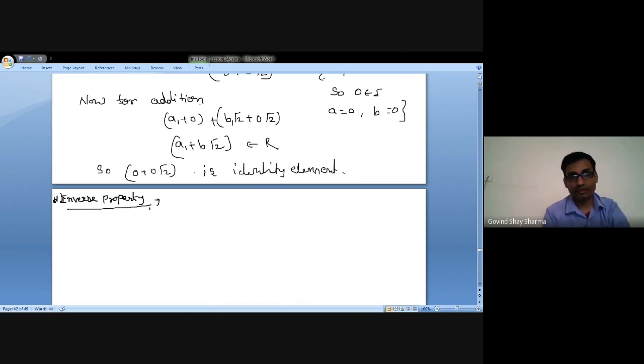So let A plus B root 2 belong to R, where A and B belong to the set of integers.